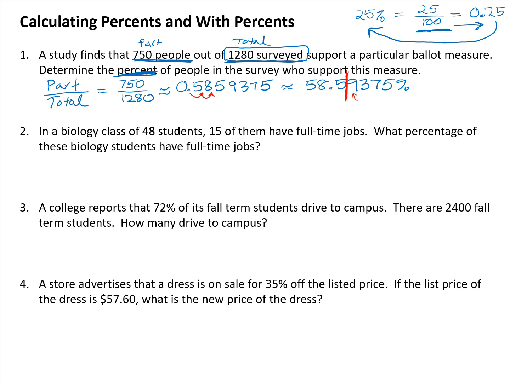So we round that 5 up. This would become 58.6, because the 9 makes this closer to the 6 than to the 5. So 58.6% of people support the ballot measure. I should say, those are the people who were surveyed.